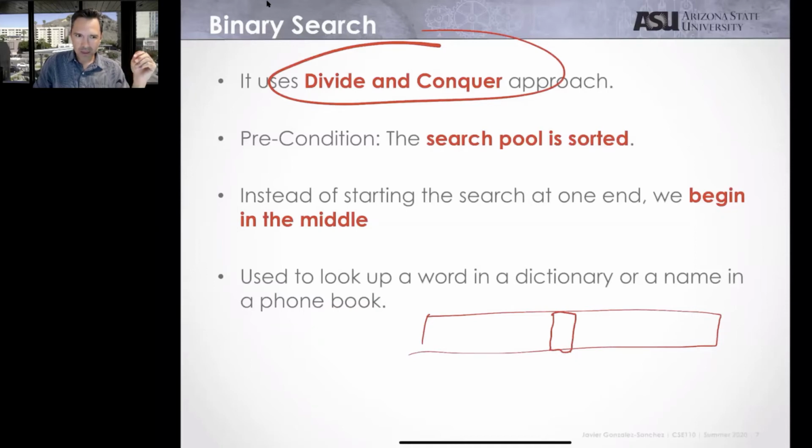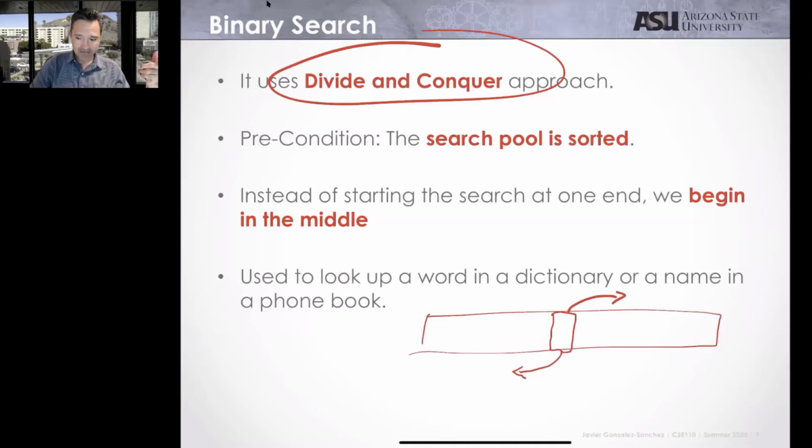Why? Because the only thing that you want to know is whether the thing that you're searching for is here or there. I have all this information, I am searching for something, and I need to know if that something is in the first half or in the second half.